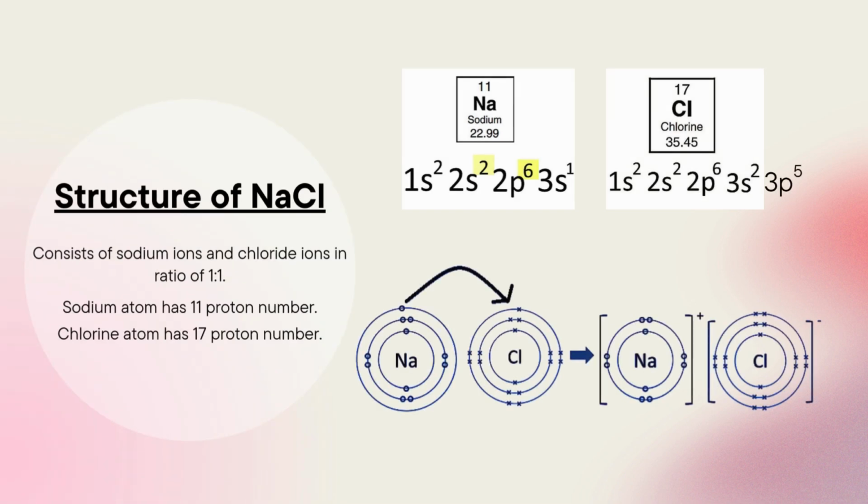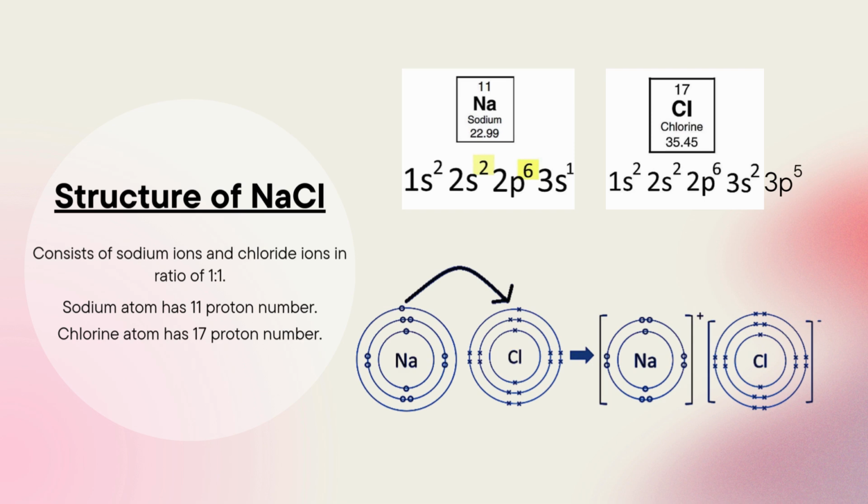Next, let's see the structure of NaCl. From the periodic table of elements, we can get the information of the proton number of sodium atom and chlorine atom. So, we get that sodium atom has 11 proton number, meanwhile chlorine atom has 17 proton number. We have to know that the number of protons of each atom is equivalent to the number of electrons inside the atom.